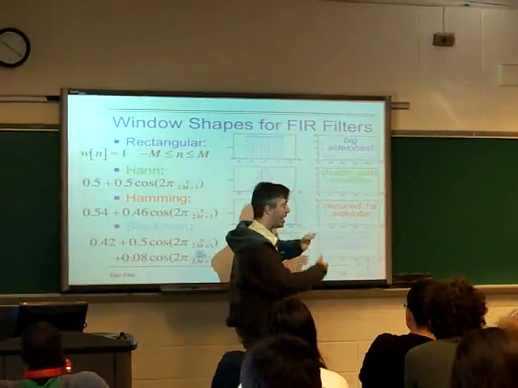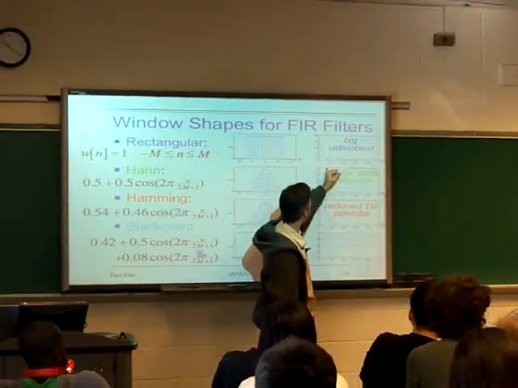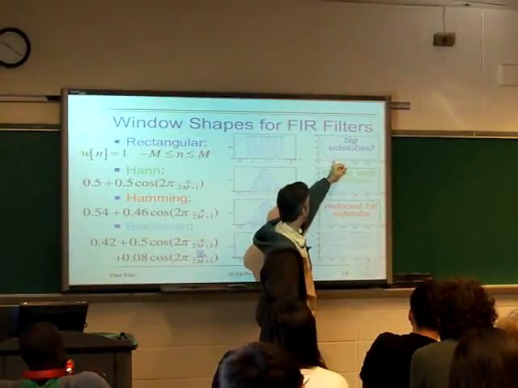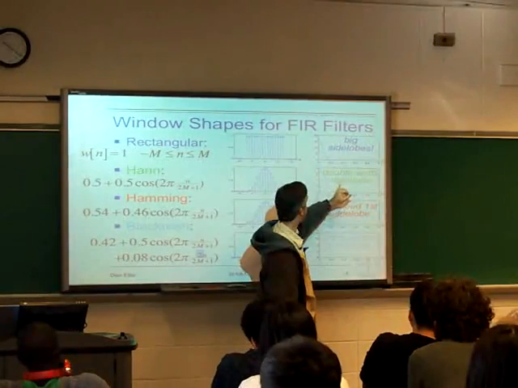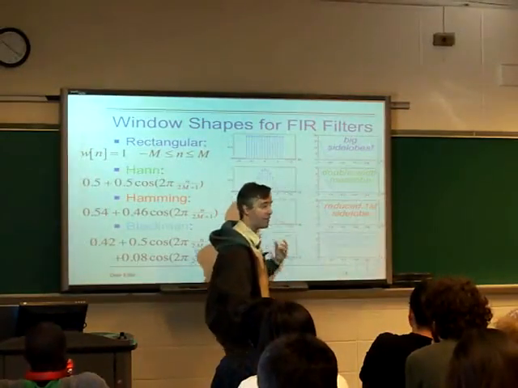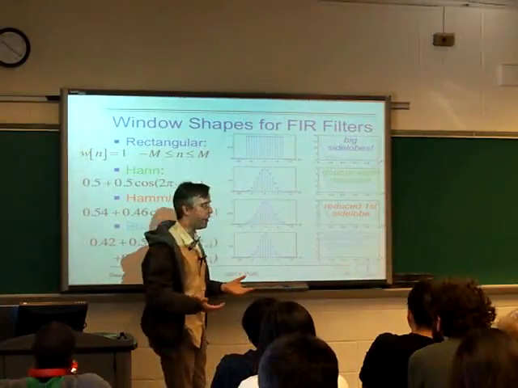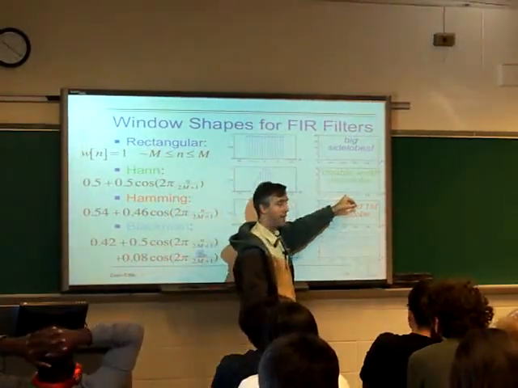When we squeeze things in time, we squeeze them out in frequency. And so here, it doesn't have a 0 where this one had a 0. Its first 0 is actually twice as far out, where this second 0 occurs. So we have twice the main lobe, which means we've got a wider transition width, but we have a much, much smaller side lobe here, and so we get a lot back.